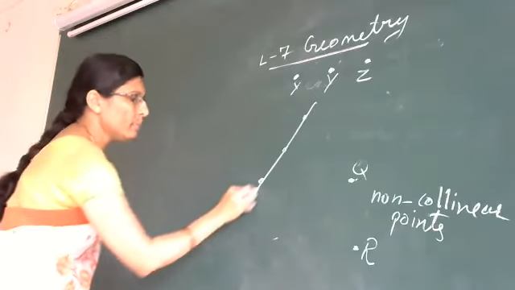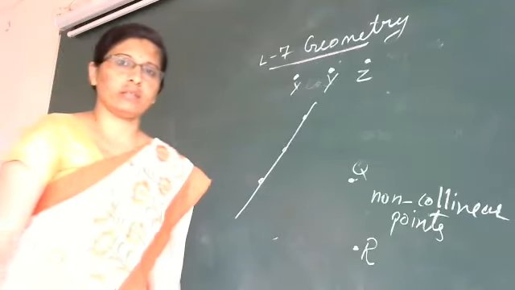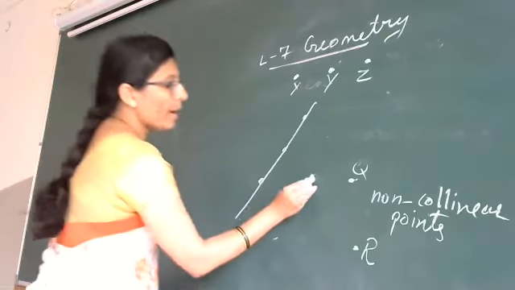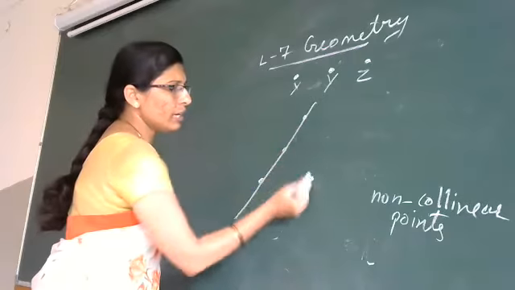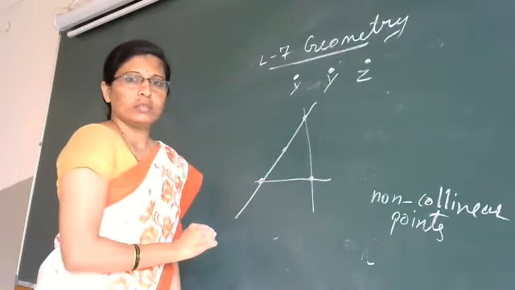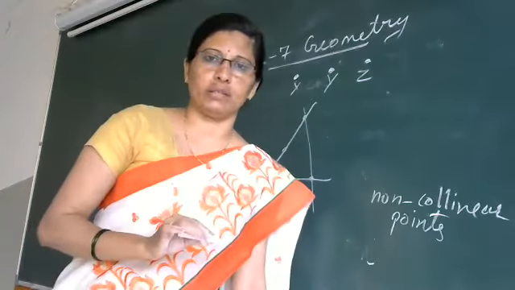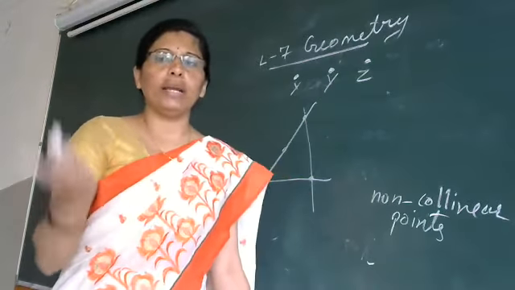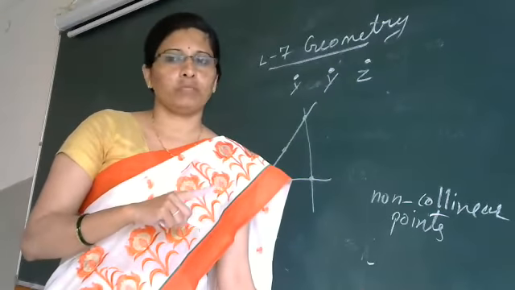If you draw a line, it becomes a straight line. These are collinear points. If one more point comes here, then you can't join this. If you are joining, it will come like this. So these 4 are non-collinear points. Collinear, non-collinear, understood? Yes, sir.